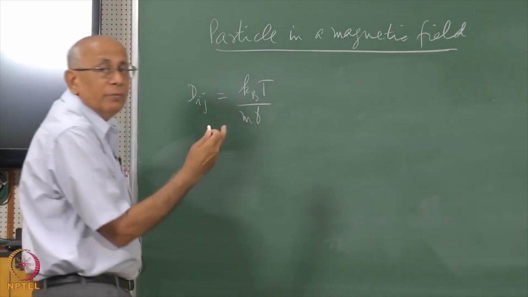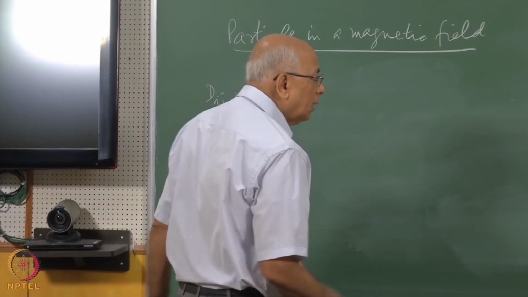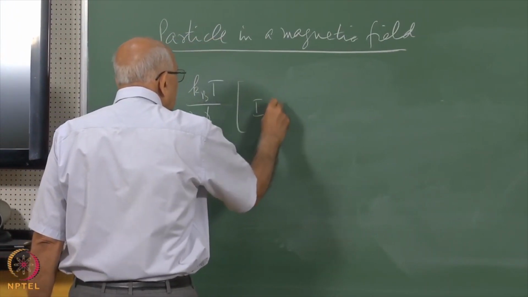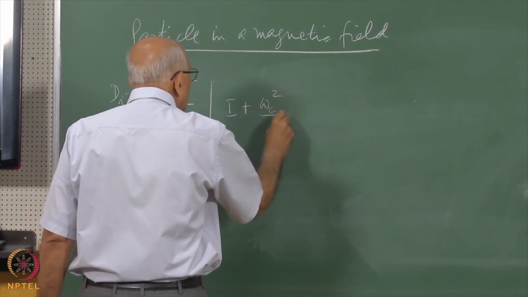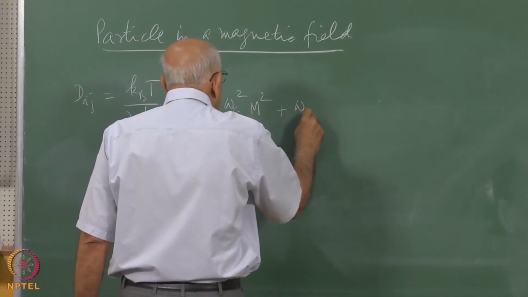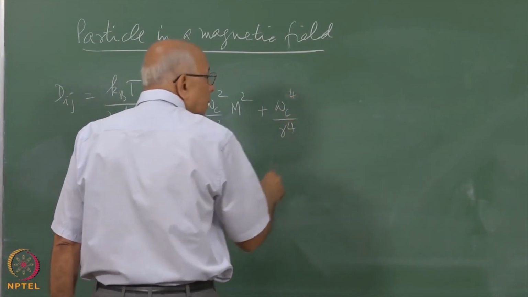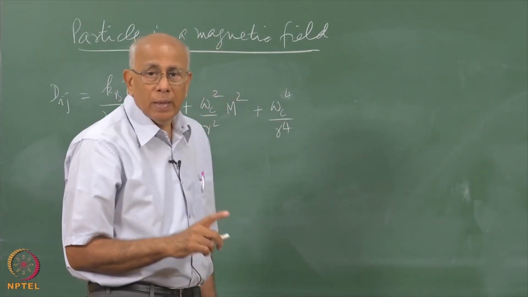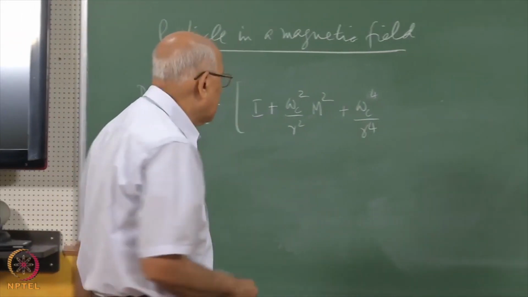Notice this original diffusion constant has emerged here, but there is going to be dependence on the indices. So inside you have I plus omega c squared over gamma squared m squared plus omega c to the 4 over gamma to the 4 m to the 4, but m to the 4 is m cubed times m, and m cubed is minus m. So this becomes a minus m squared.